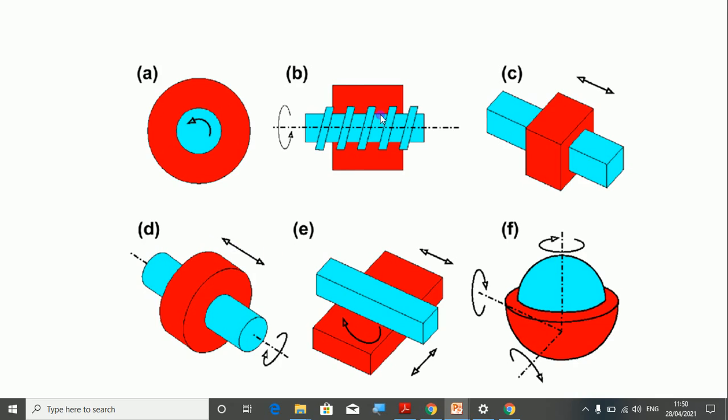And what about this second one? What is the kind of pair? Screw pair. Yes, correct, very good. Again there is a combination of a rotary motion and a linear motion with the help of screw threads. What about this C? Sliding pair, correct. And what about this E?